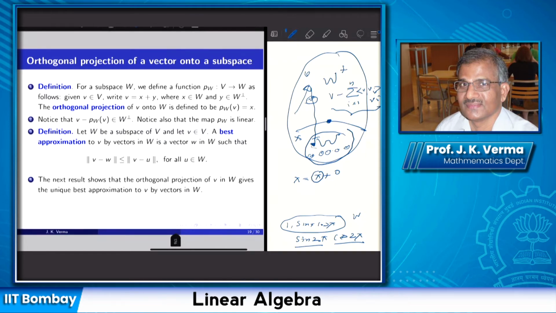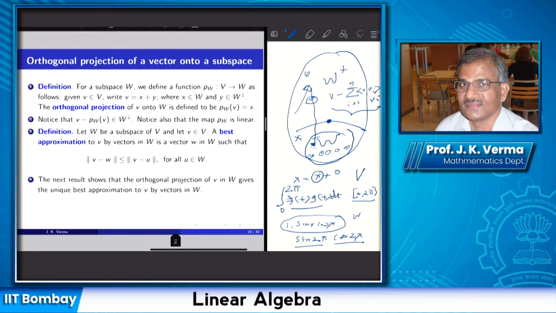They form a 5-dimensional subspace inside the function space of all continuous functions. We can fix the closed interval to be 0 to 2 pi. So take all continuous functions defined on the closed interval 0 to 2 pi. This becomes an inner product space with respect to the inner product defined by the integral of the product of 2 functions.